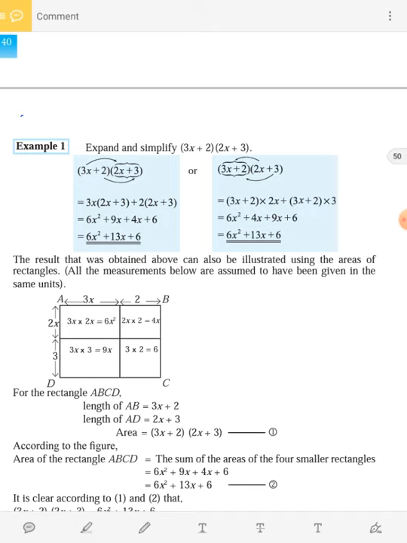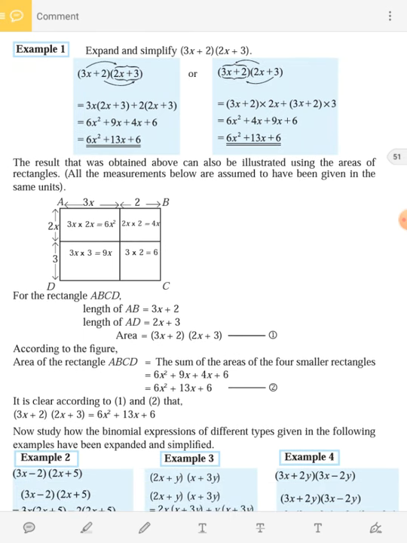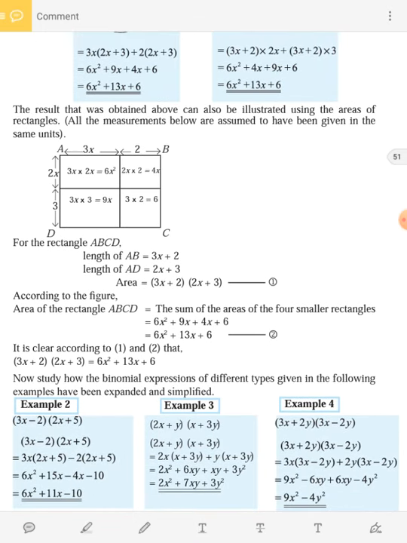So shall we go to another whiteboard and I will explain how to obtain it by using the rectangle. Let's go to the whiteboard.